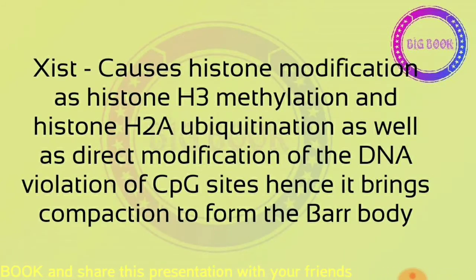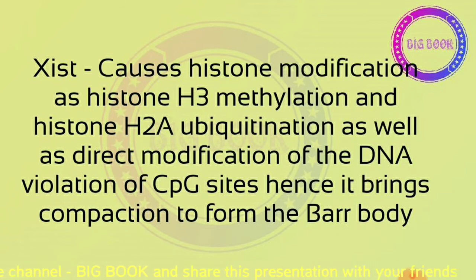XIST causes histone modifications, such as histone H3 methylation and histone H2A ubiquitination, as well as direct modification of DNA, methylation of CpG sites. Hence it brings compaction to form the Barr body.